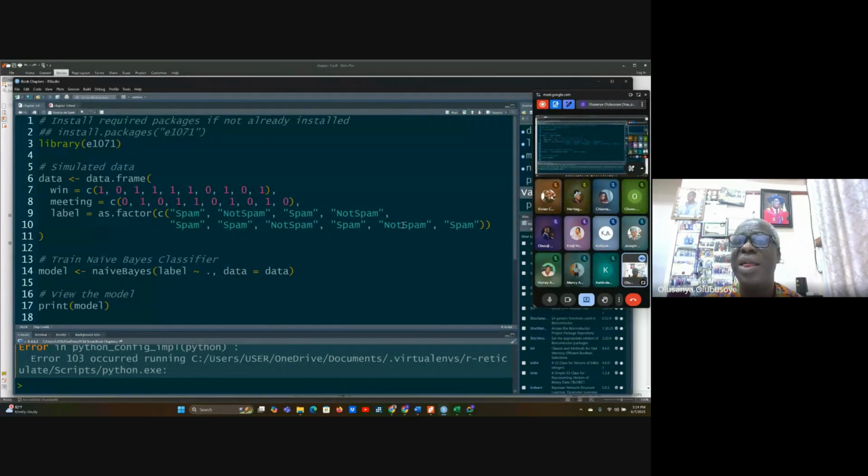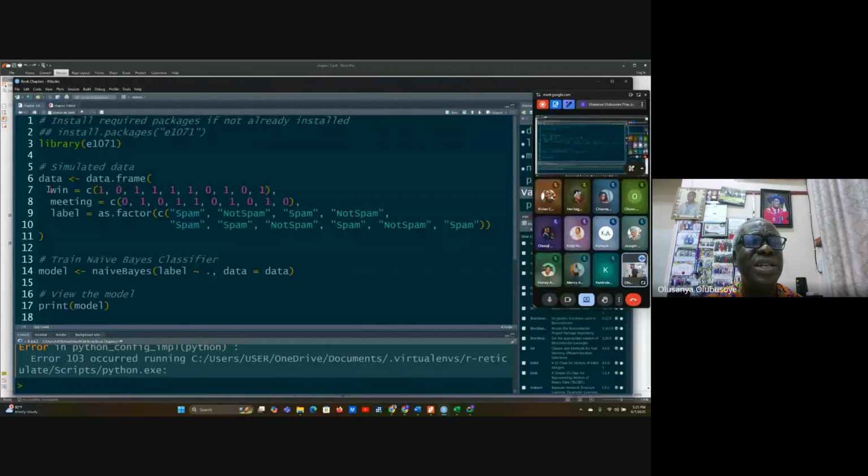So here we simulate the data. This is the data, so to say. We use a data frame to read the data. Remember, we have coded yes to be 1 and no to be 0.